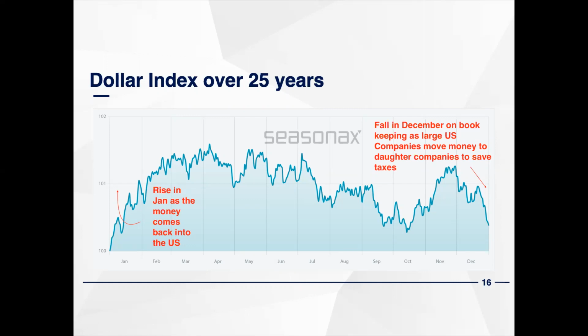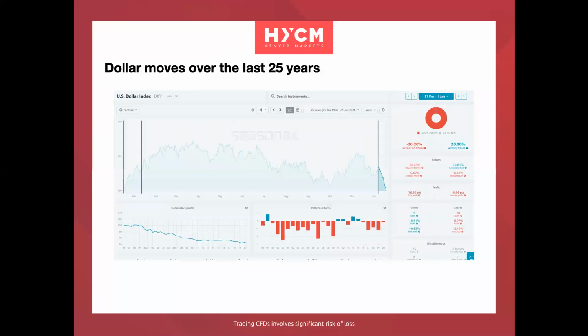Now, similarly, look at the rise in January. As money comes back into the US, what do you see? You tend to see a strong rise in the dollar at the start of the year. So you can see straight away that over the last 25 years, look at the general return for the dollar index.